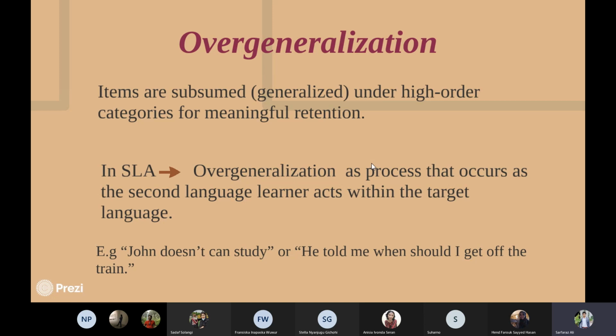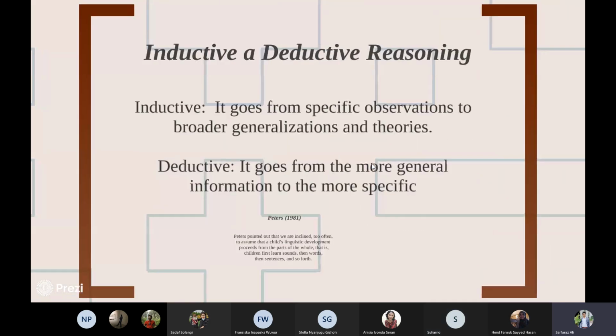But after that, when overgeneralization occurs, he will think a number of times, then he will place and recognize which one is the cat and which one is the dog.